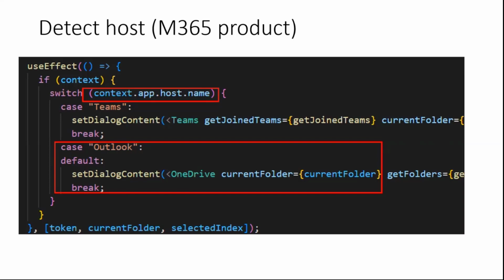Here's my OneDrive component. In Teams, I would use the Teams component. And just to add this, it's not in the code here, but the third option we have, if you want to detect it specifically, is also Office as the third pillar in the scenario.